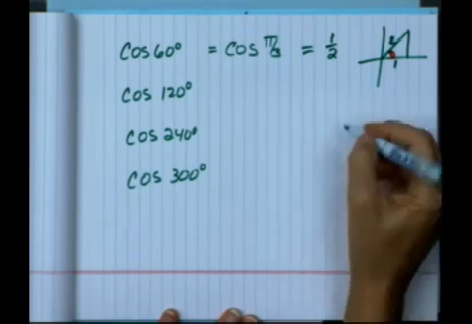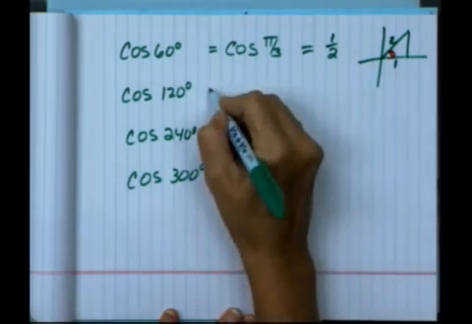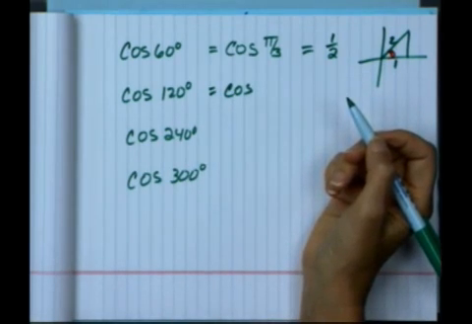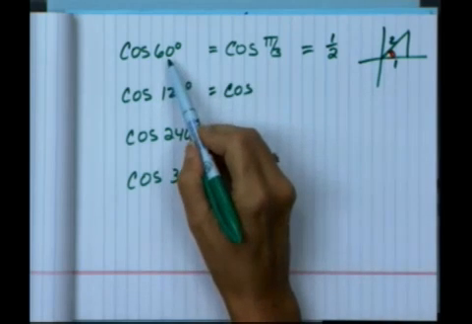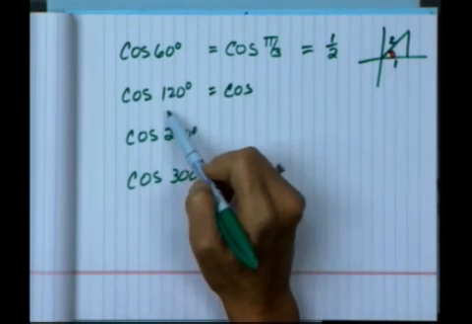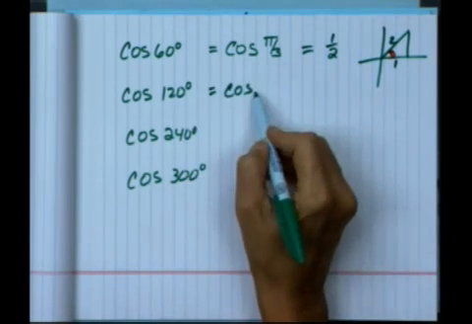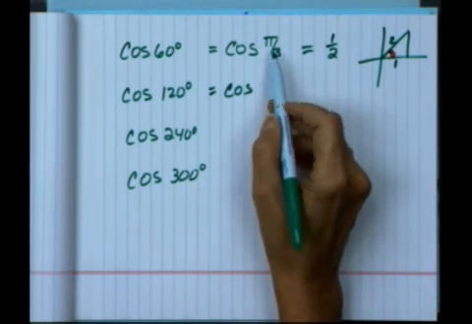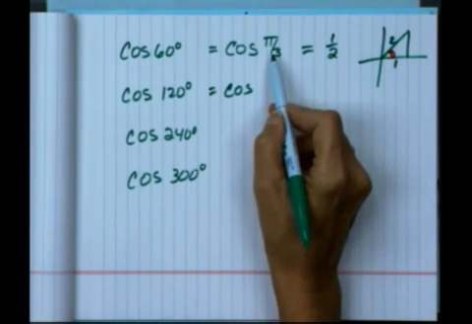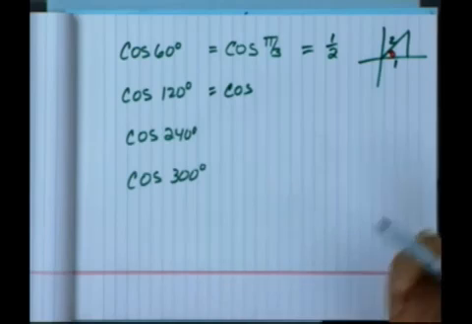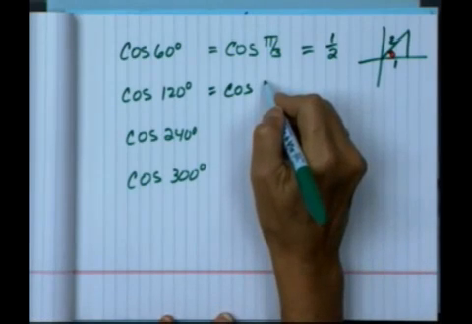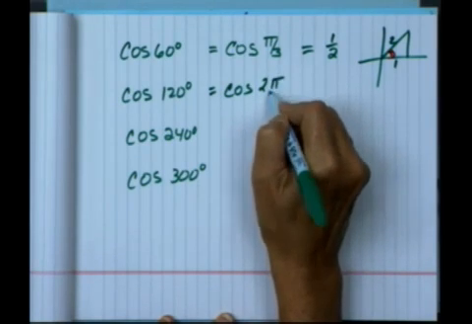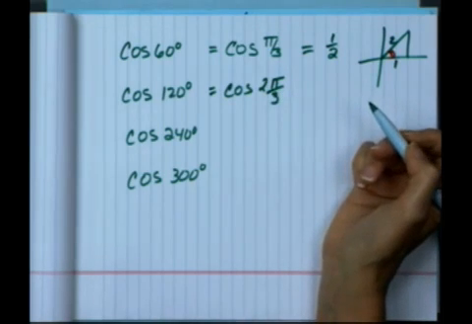Okay, so for 120 degrees, anybody know right away what the radian measure for that is going to be? Isn't it twice 60 to get to 120? What's it going to be in terms of radians? Pi over 3 is 60, so how do you do twice that? 2 times pi over 3, right? 2 pi over 3 would be 120 degrees.